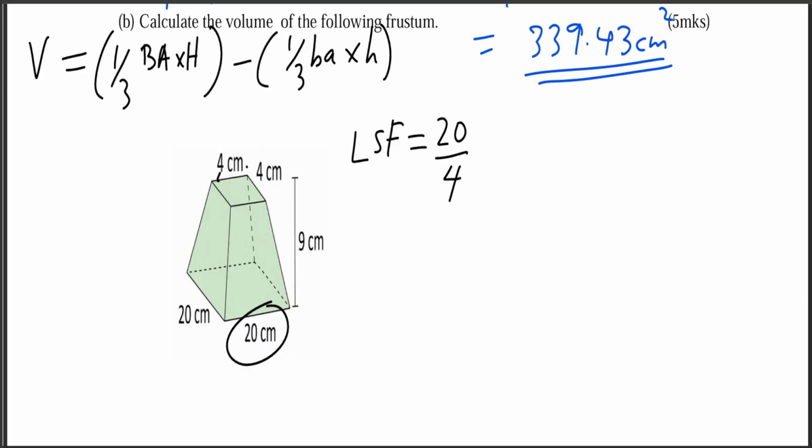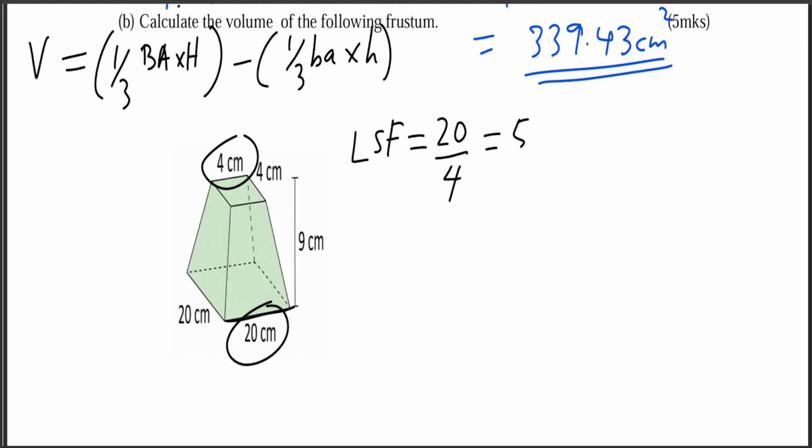If you complete it and join here and here, your length is basically 4. The length of the bigger pyramid is 20, so for the linear scale factor you take 20 divide by 4, which gives you 5.